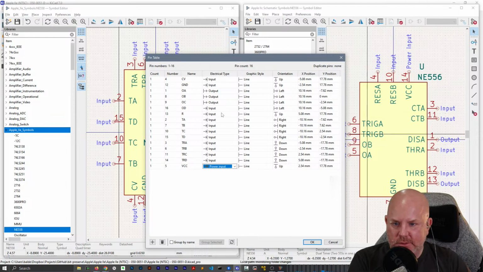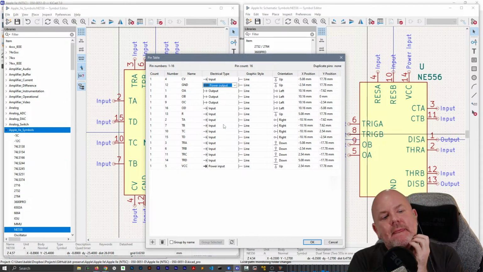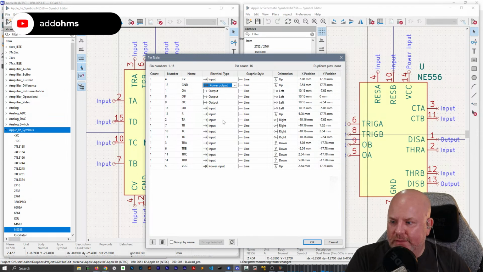I'm just looking at my other symbol. Pin 4. Nope. Reset, triggers. These don't feel right. Yeah, we'll go with that. Okay.